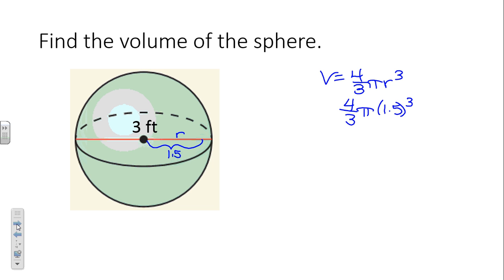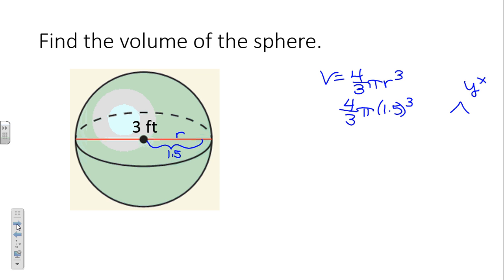Now here's where you get to learn your new button on your calculator. Most of you have a caret key. You may have a y to the x button instead. The caret key on the TIs that I loan out are diagonal from the 7. Everybody see it? So you're going to take 1.5 to the 3rd power along with 4/3.